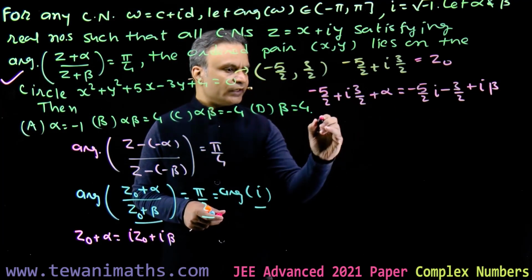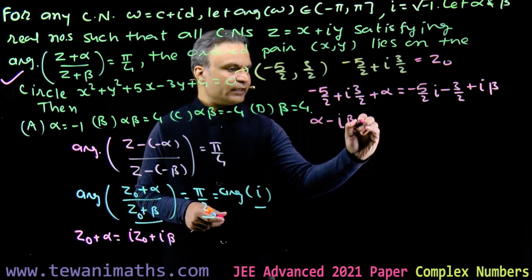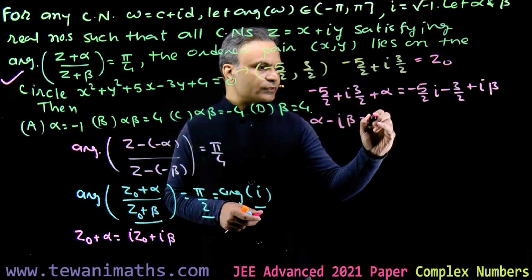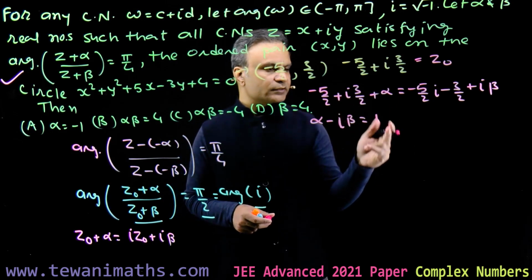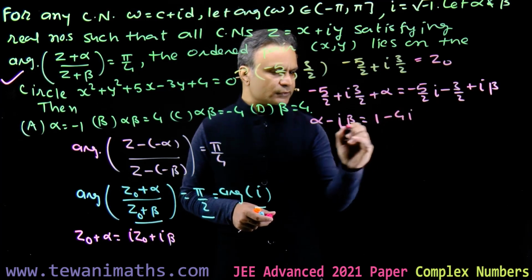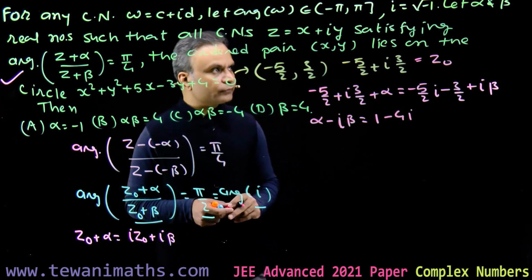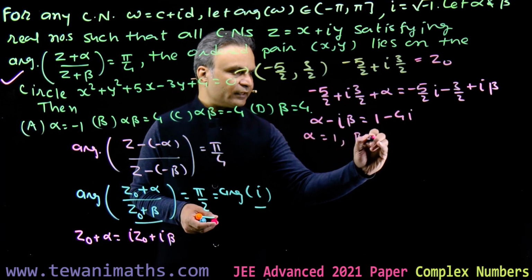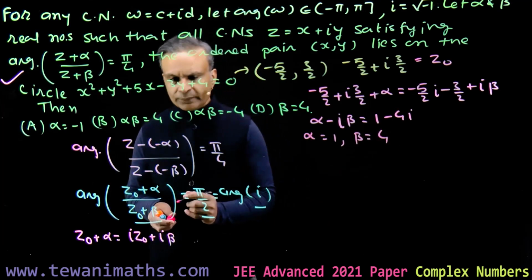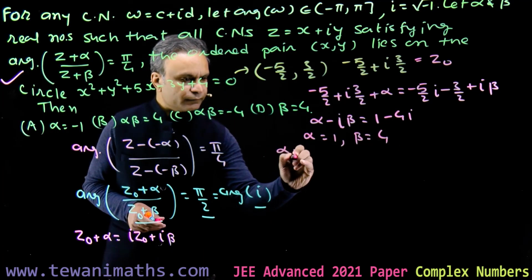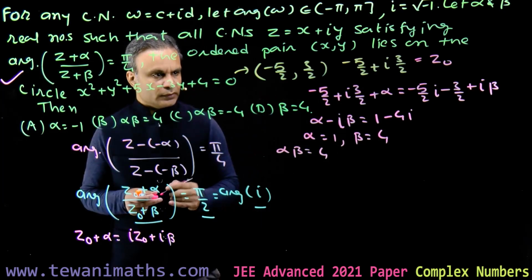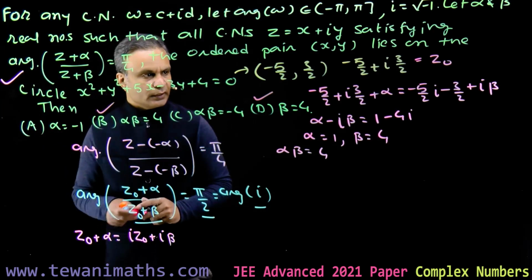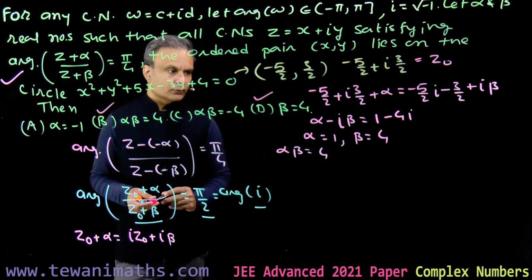So we get alpha minus iota beta is equal to minus 3 by 2 plus 5 by 2, which is 1, and minus 5 by 2 minus 3 by 2, which is minus 4. So this is 1 minus 4 iota. Alpha and beta are real numbers, so alpha is equal to 1 and beta is equal to 4. So from this we get alpha beta is equal to 4. So option D and option B are correct, and these two options are not correct.